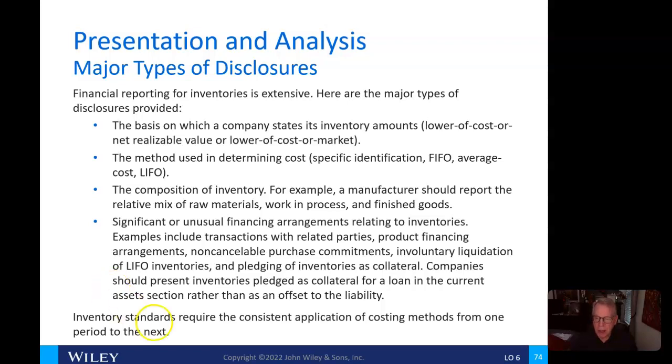Companies should present inventories pledged as collateral for a loan in the current asset section rather than as an offset to the liability. Okay then, inventory standards require consistent application of costing methods, I think you know that, from one period to the next.